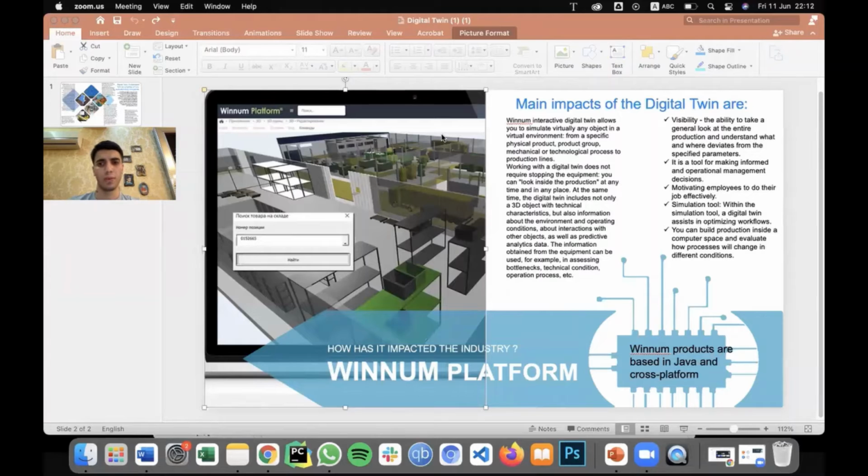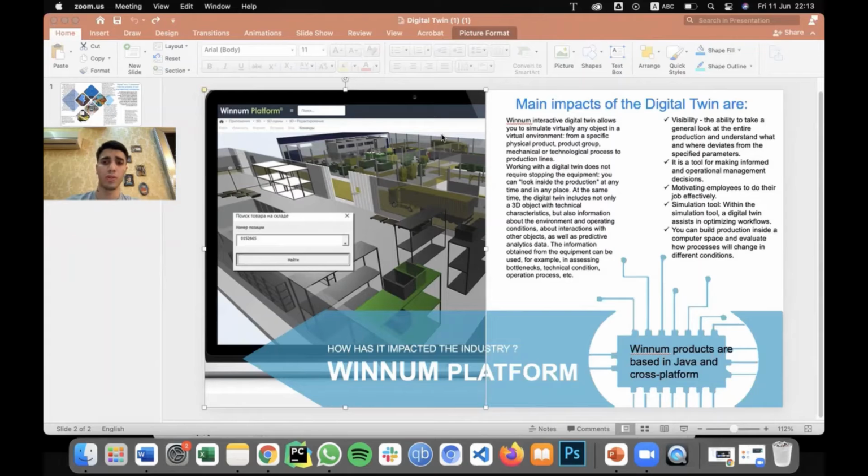Like motivating employees to do their job effectively, like simulation tools, within a simulation tool, a digital twin assists in optimizing workflows. And it's a tool for making informed operational management decisions.